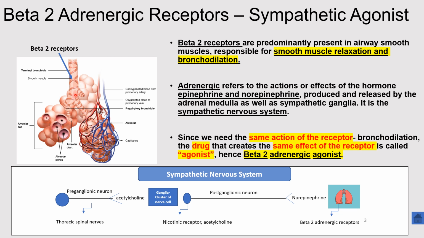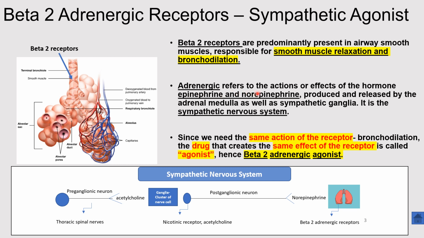So what do they do? These beta-2 receptors are stimulated. Remember I said receptors are any kind of molecules that get triggered by another substance. So what is the substance that triggers these beta-2 receptors?